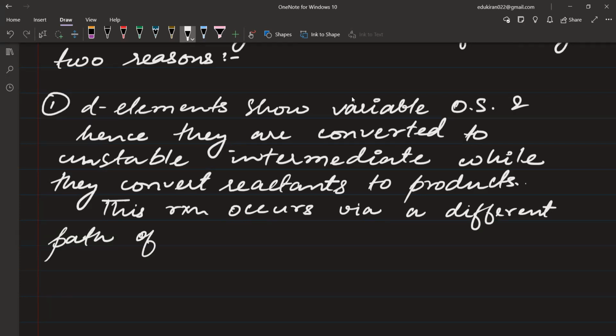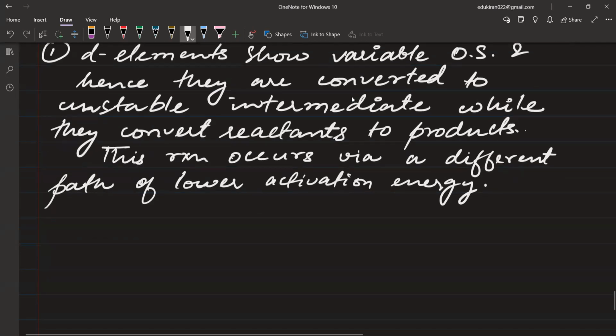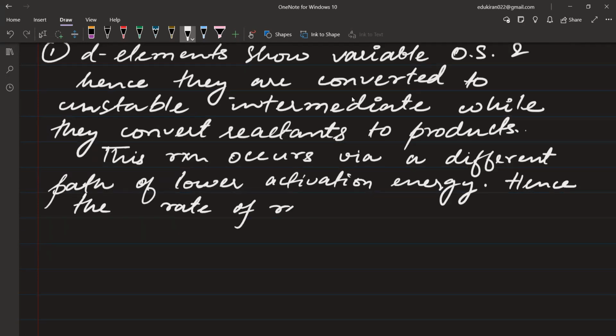Different path of lower activation energy, and hence the rate of reaction increases.